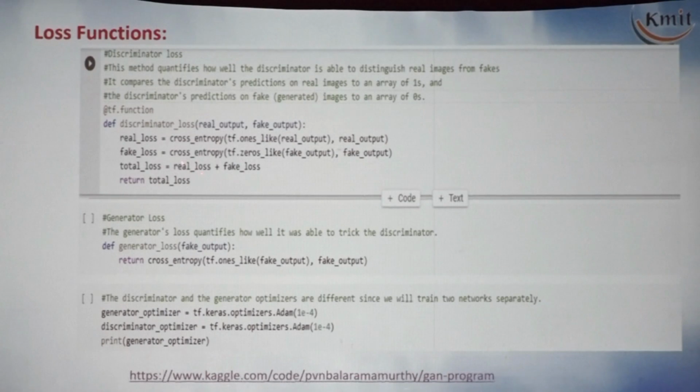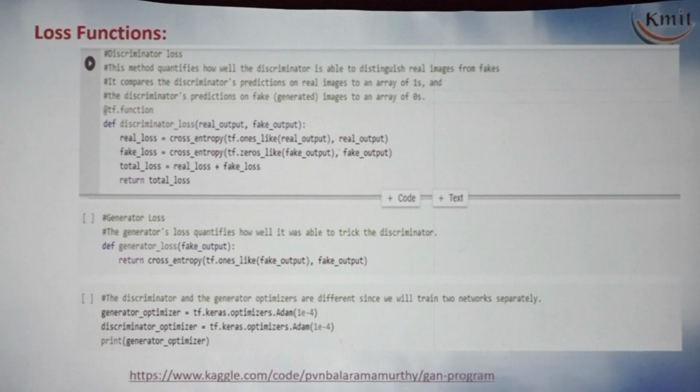We are using the cross entropy of these two: the discriminator of the real output and the original output, these two we are giving. And again cross entropy for the fake images, and we are adding these two for the total loss. Right?